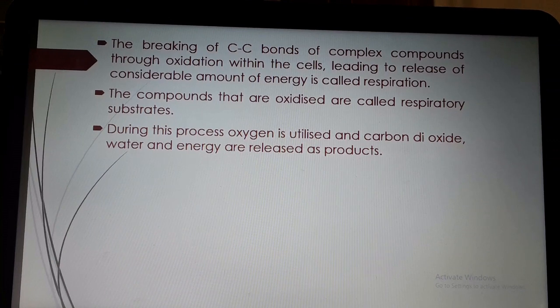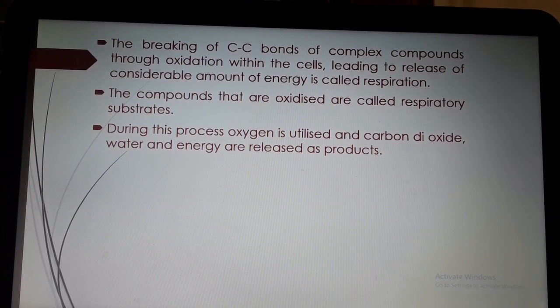So, on the left side of the equation you will write glucose plus O2, and it will release CO2, water and energy on the right side.